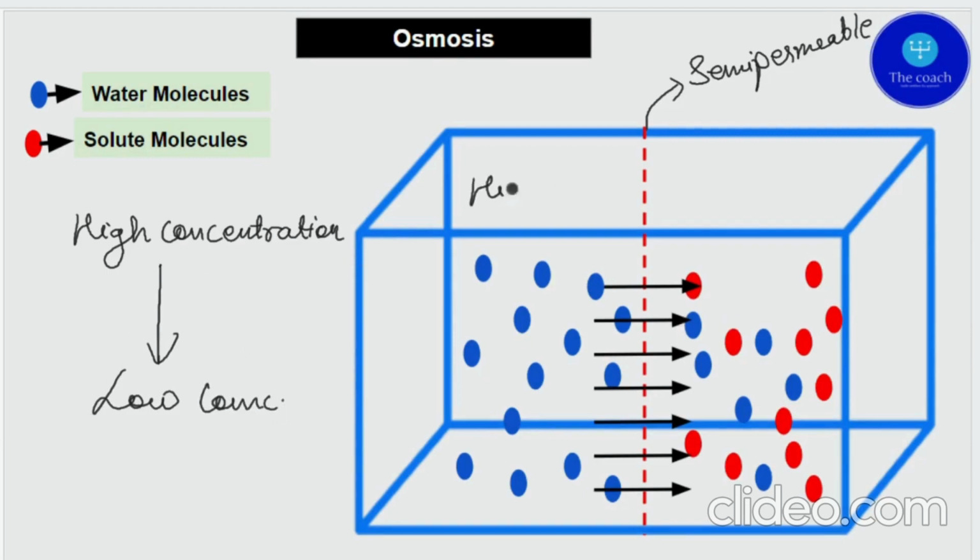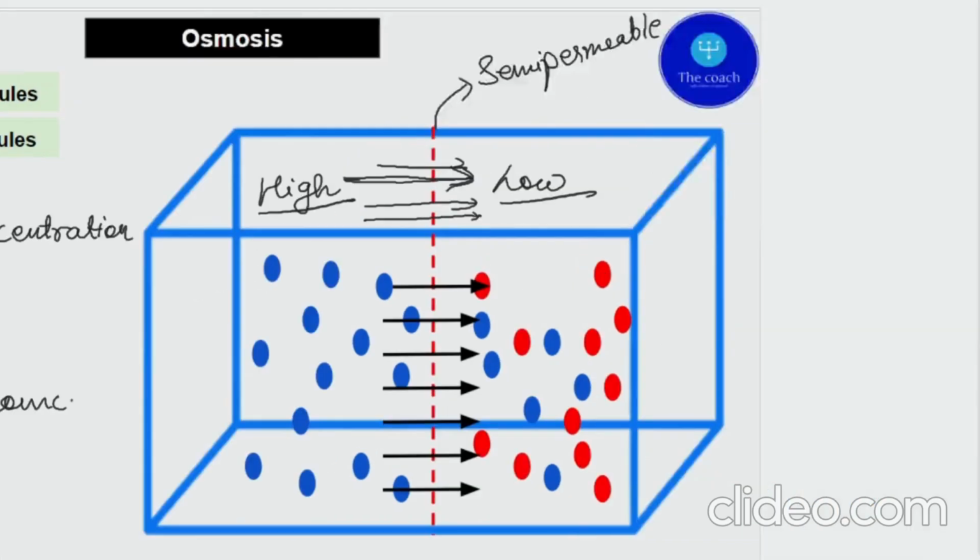On this side the number of water molecules is more, and here the number of water molecules is less. So water will move from a region of higher concentration to lower concentration. This process is known as osmosis.